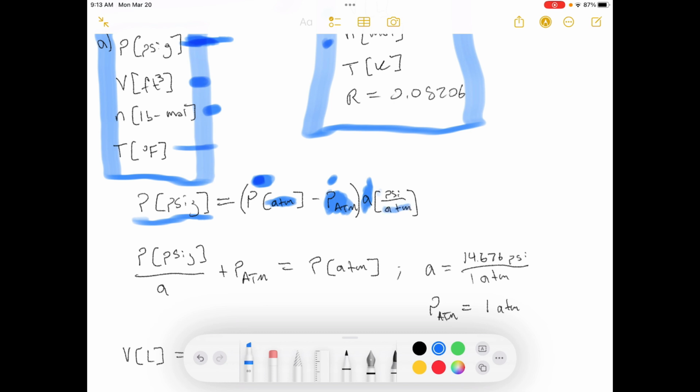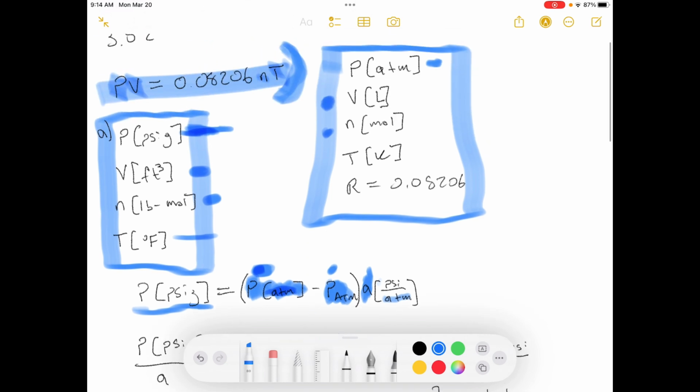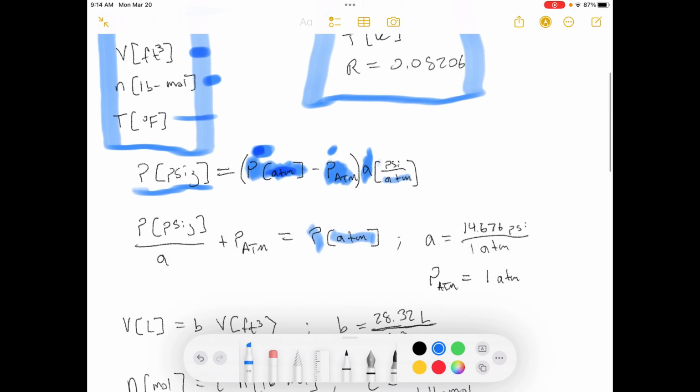That's what A is. Okay, so we need to rewrite this equation so that it's in terms of P in atm, absolute pressure in atmospheres, so that we can just substitute this P into the equation. Okay, so that's the first one done.